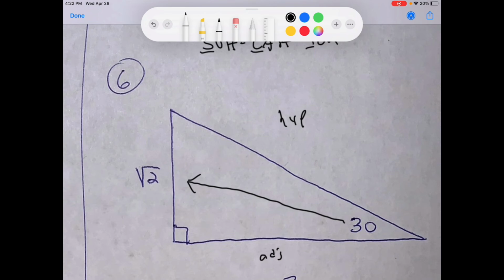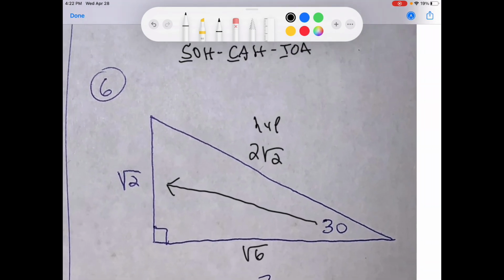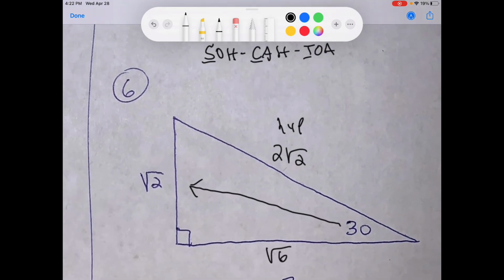Your hypotenuse will be double your short side, so 2 times root 2. And my adjacent side will be my short side times root 3, so root 2 times root 3 is root 6. So here are my 3 sides. Now we have what we need to do our trig functions.